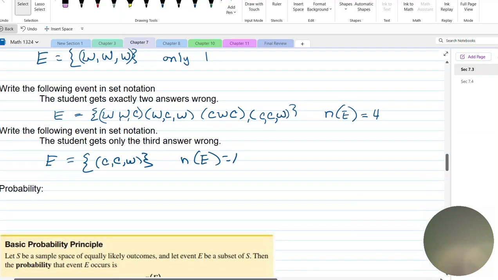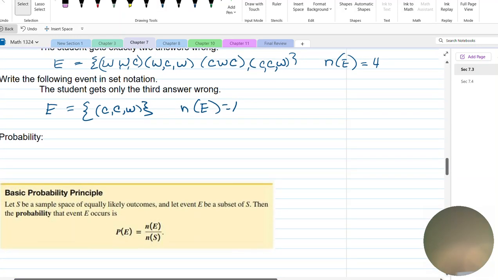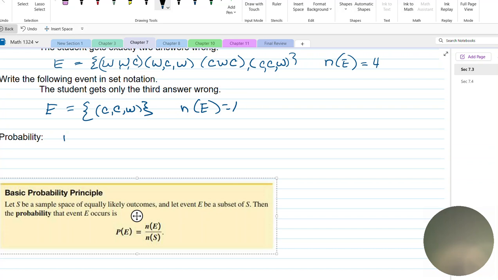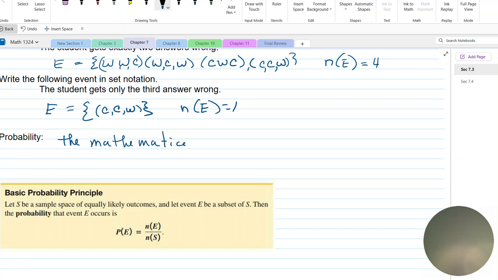All right. So now that we've got that, and I'm sorry about having forgotten that one, I apologize. The probability now is the mathematical ratio of desired event over total sample space.